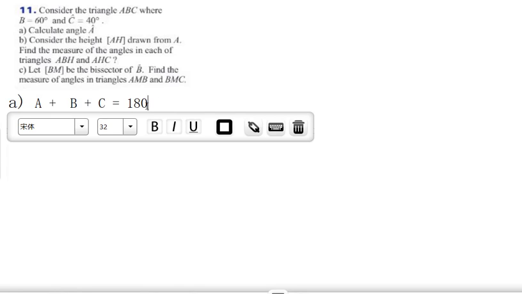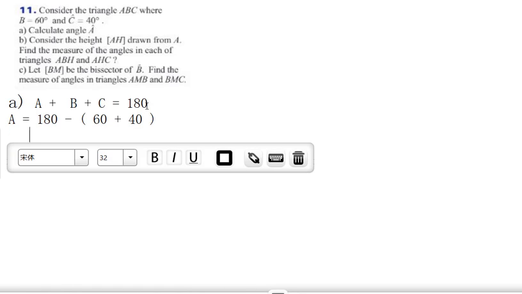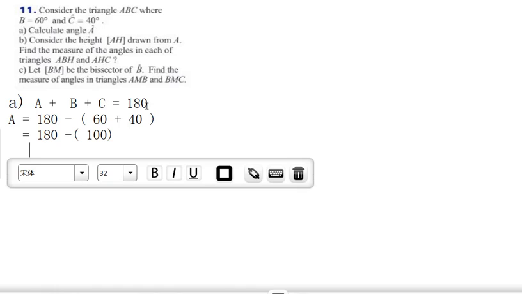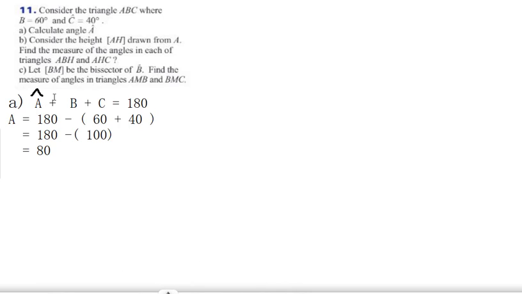To find angle A, angle A is equal to 180 degrees minus (B plus C), which is 60 plus 40 degrees, which is 180 minus 100, equal to 80 degrees. Okay, don't forget to put the caps here and here and here, and here we have degree.